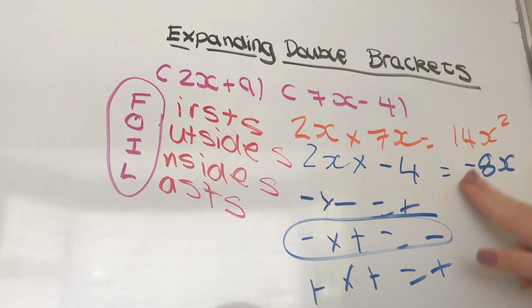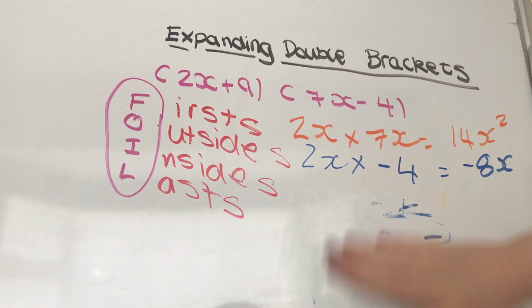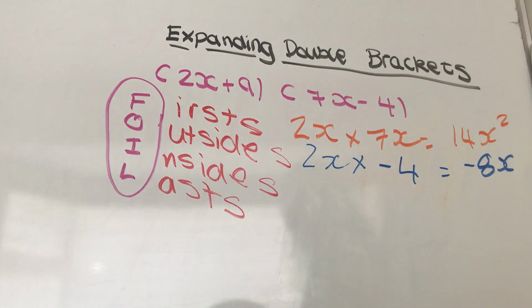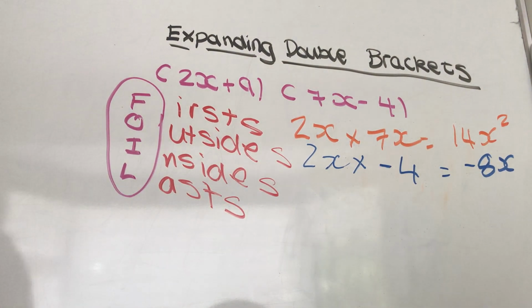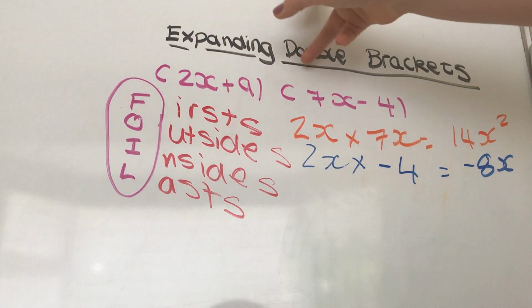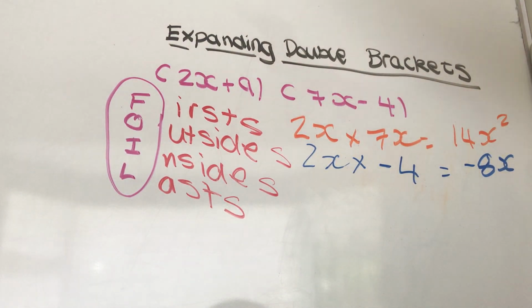Okay? Now we're going to move on to look at the penultimate letter in this acronym of FOIL, and that is the insides. Looking at this entire equation, the two terms which are on the very inside are going to be surrounded by other terms. So we have a positive 9 here, it's surrounded by the terms 7x and 2x.